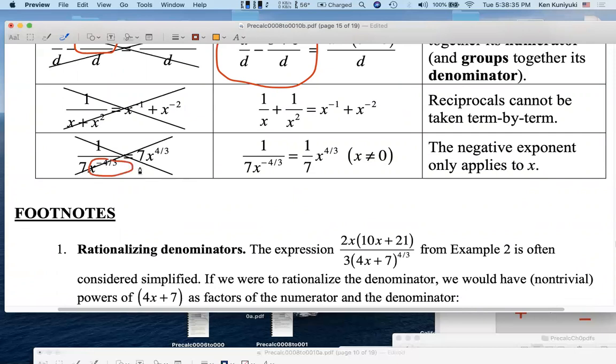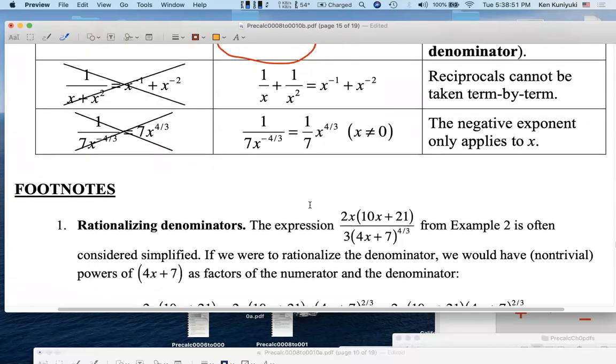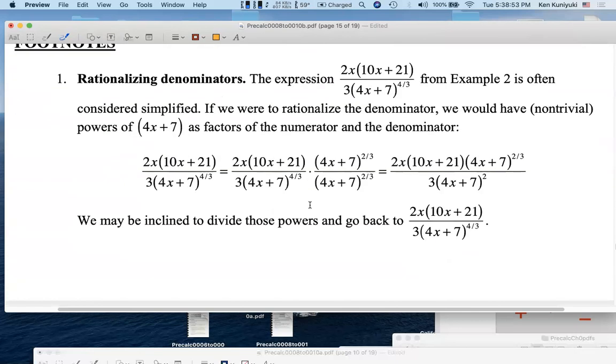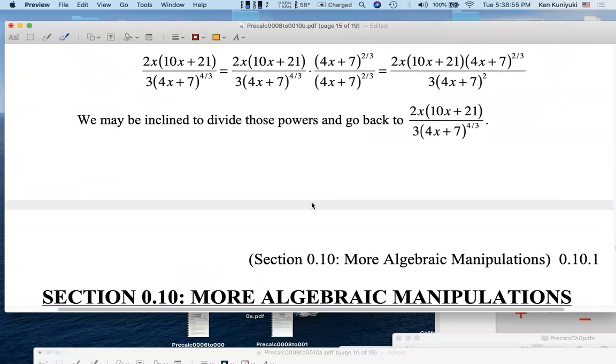X to the negative 4/3 pops up as x to the 4/3, but the 7 down here stays down there as a 1/7. It does not pop up as a 7. The negative exponent does not apply to the 7. We discussed that before in section 0.5. All right, next up, some more gymnastics in section 0.10.